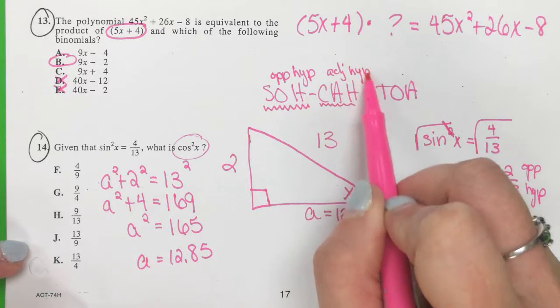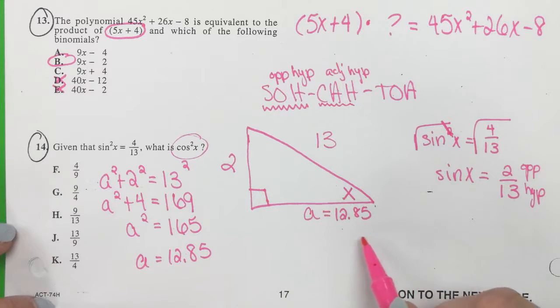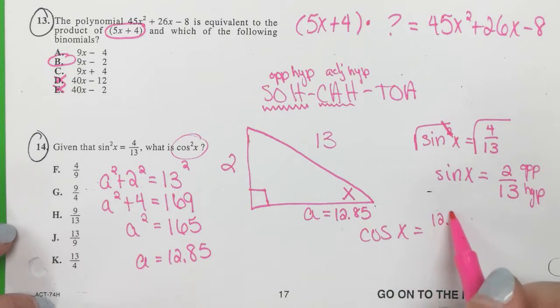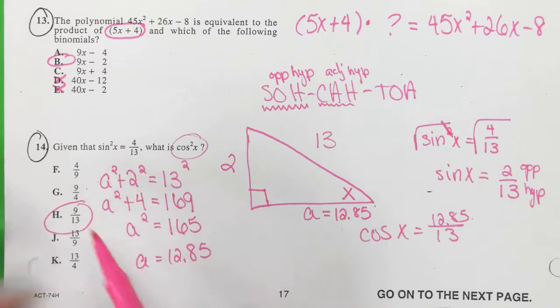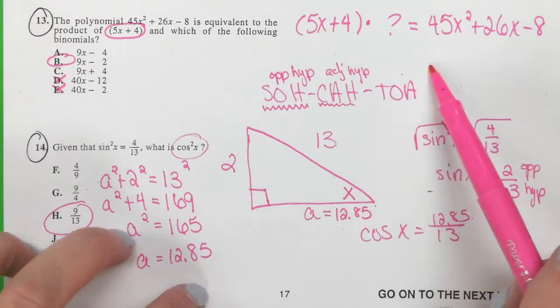Adjacent over hypotenuse, over 13, right? Which one's got the 13 on the bottom? What's the only one that's got the 13 on the bottom? H, right? The reason the number didn't come out right is because there's actually another way we should have done it, but you don't know how to do that way yet. So at least it'll get you a little bit. Are y'all okay? Do you remember this from geometry?